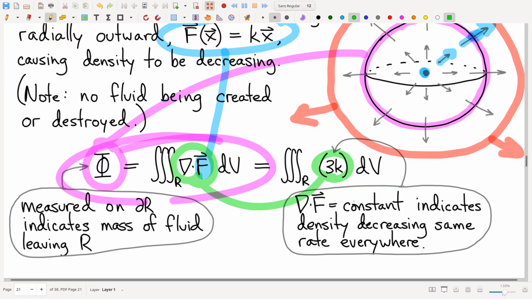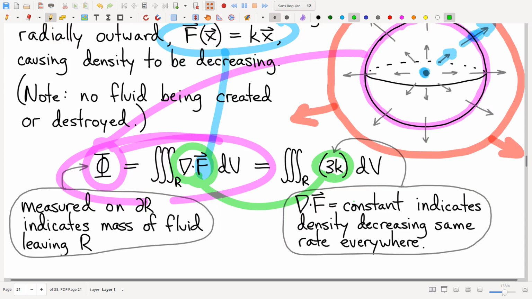This integral is counting up the grand total of how much mass we are losing by looking at every little piece of the interior and asking how fast the density is going down at every location in the interior, and then integrating to get the total rate that fluid is leaving the purple surface.